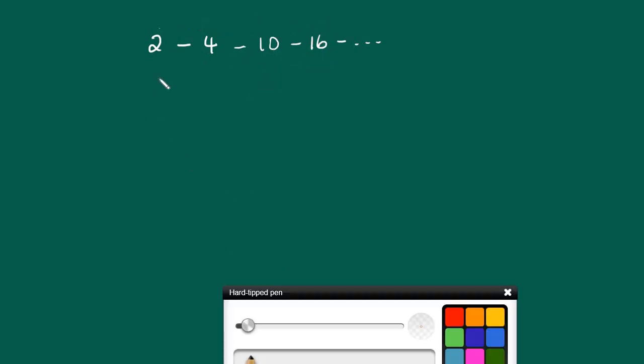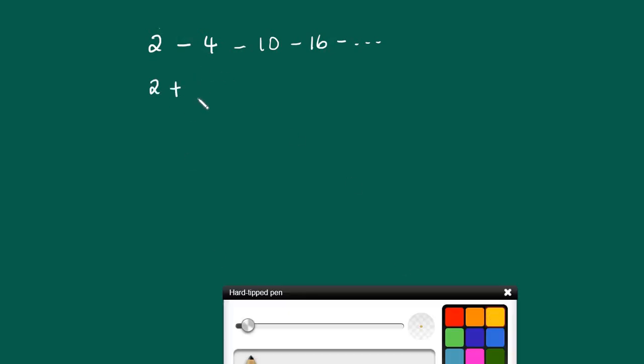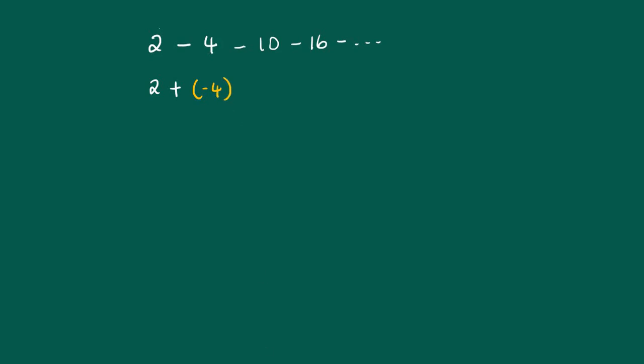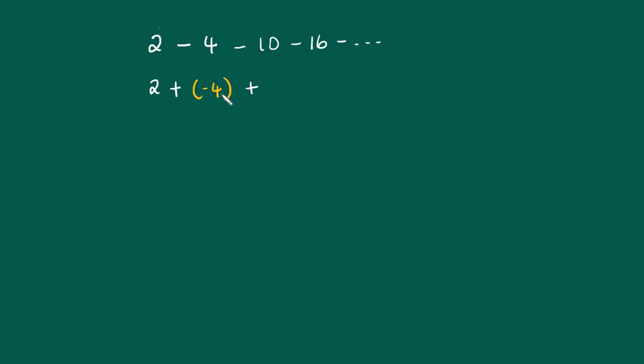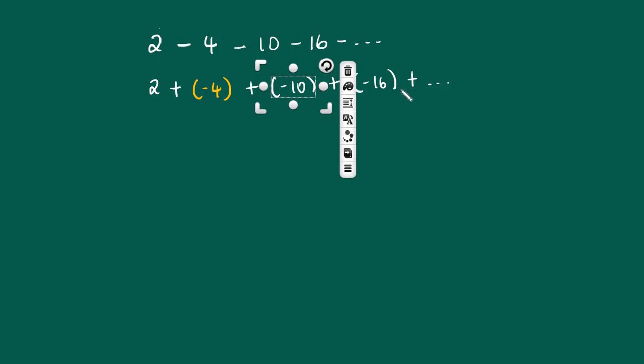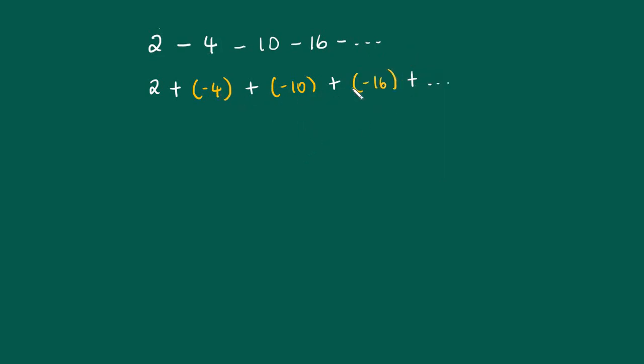So what is actually happening is that you have 2 plus a negative 4, and then you have a plus a negative 10, and then a plus a negative 16, and so on, but remember, these are the terms themselves. Now, why are you seeing a negative here in the brackets?